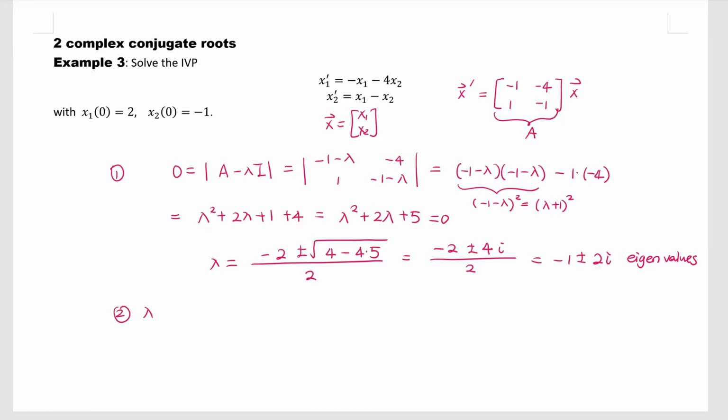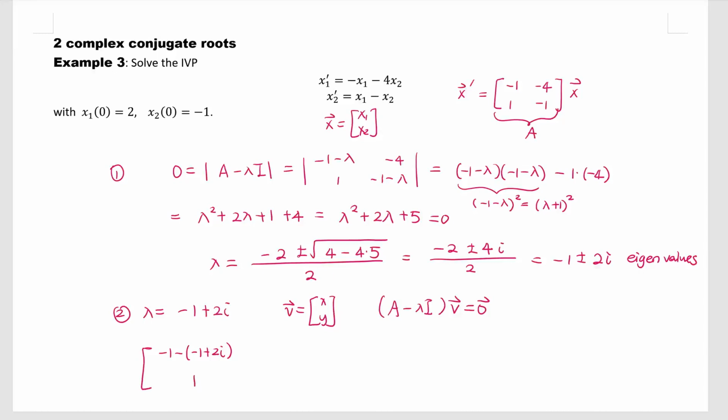Alright, so for lambda equals minus 1 plus 2i, let v be (x, y), and we want to solve (A minus lambda I) times v equals 0. What is the augmented coefficient matrix? A minus lambda I, well, that is minus 1 minus negative 1 plus 2i, right?